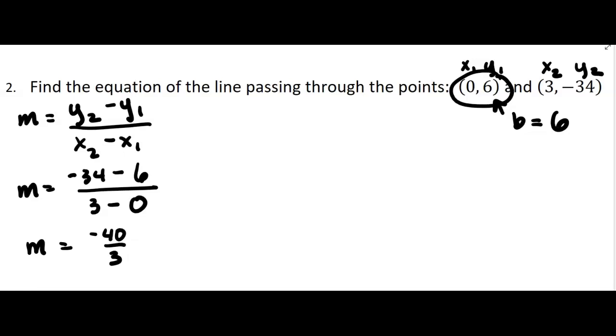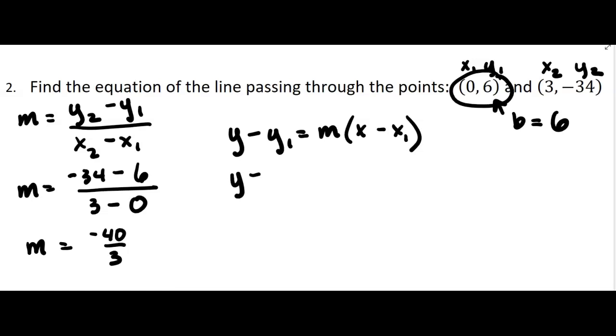If you didn't do that, you could have used the point slope formula. The point slope formula looks like this. So you might have done this. This is a little bit longer, but it's going to work out just lovely.